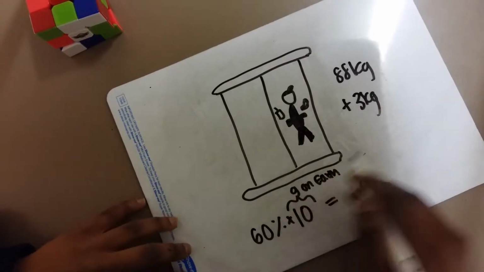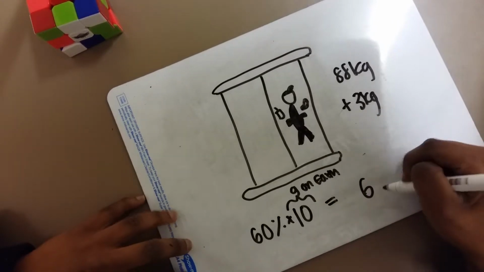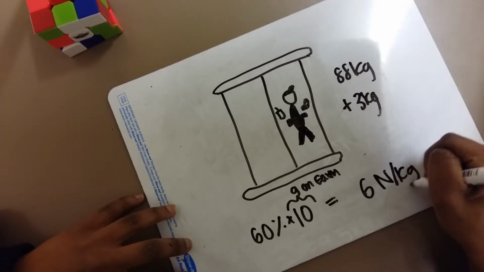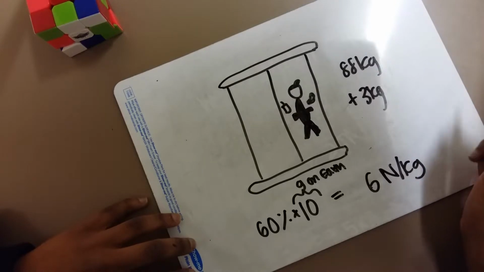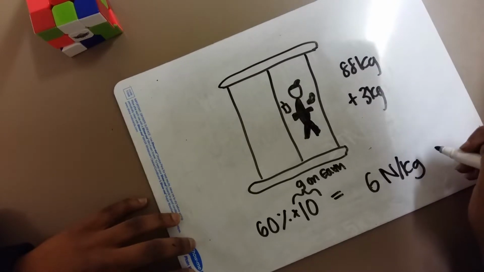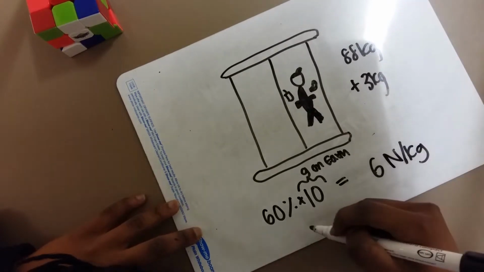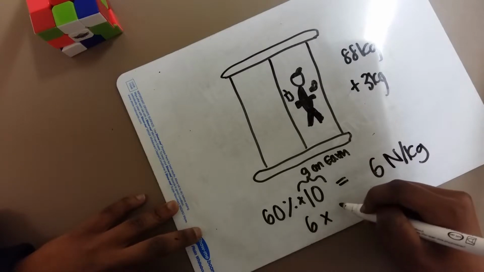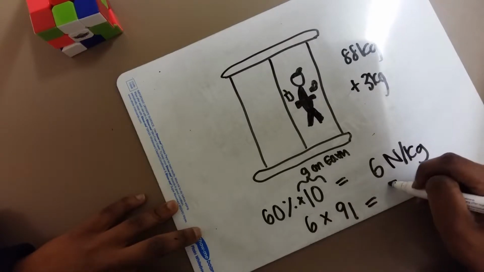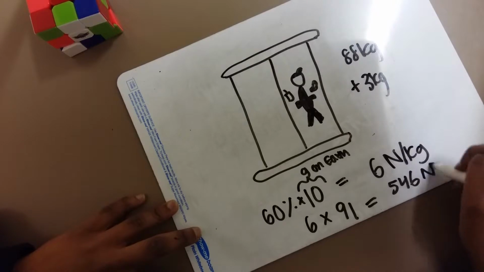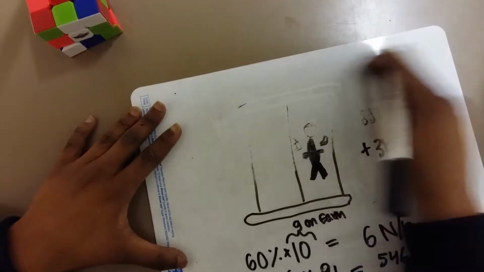So the pull of gravity in the chamber is set to 6 newtons per kilogram. And if his total mass, including his food and drinks for the evening, is 91 kilograms, then he would have a weight of 6 times 91, which equals 546 newtons, I believe.